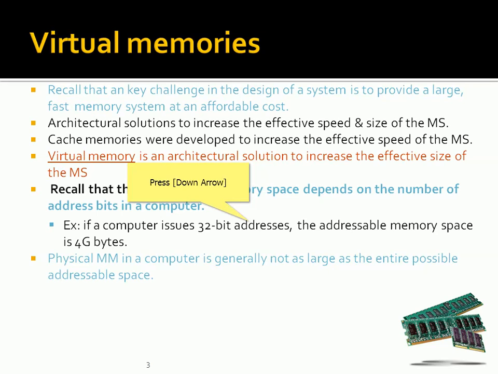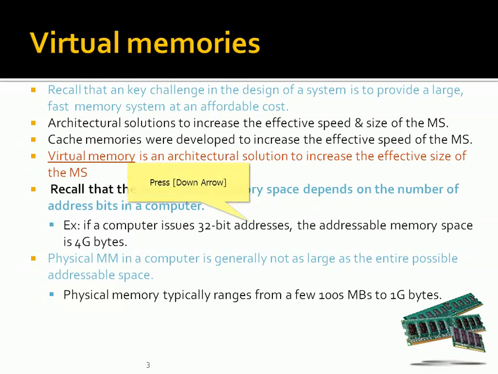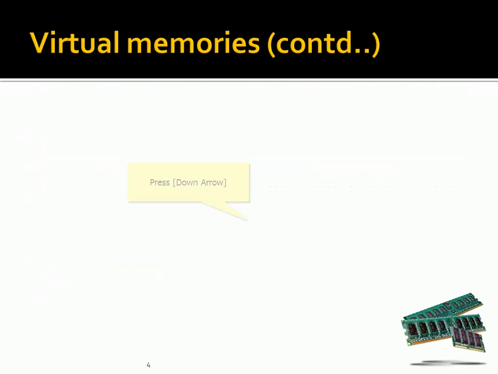We will see that the physical memory may not be as large as the addressable space. The physical memory typically ranges from hundreds of MBs to 1 GB, as in the main memory of most computers.